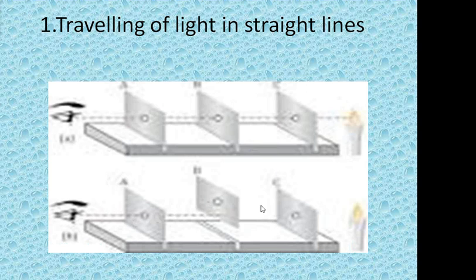Because the partitions aren't in a straight line, so the light cannot travel in a straight line here. So what we can observe is that the candle light can be seen when the three holes are on the same straight line with the light of the candle. That means light travels in straight lines.